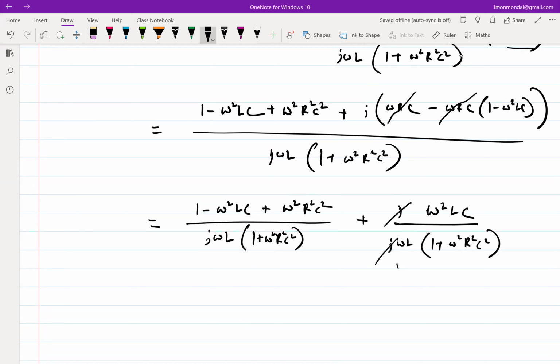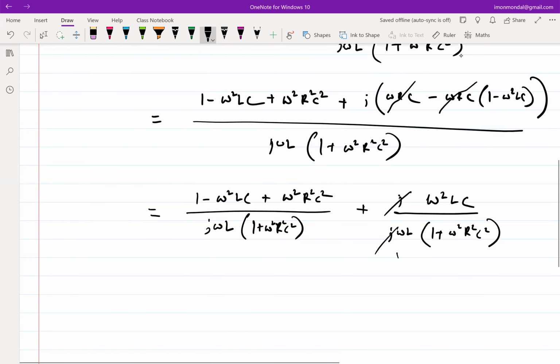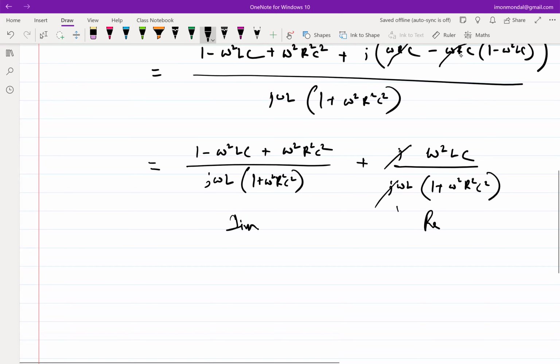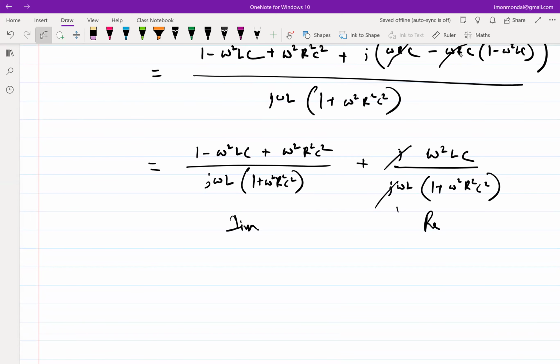If I concentrate on the real term, what do I get? So this is the real, and this is the imaginary. In the real term, what do I get?